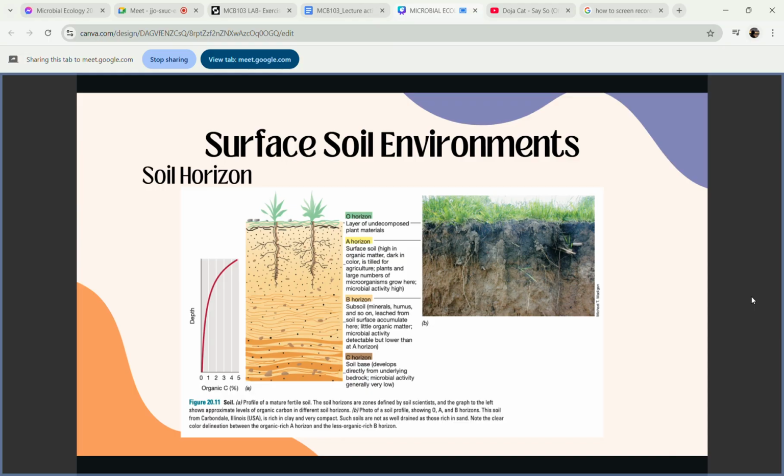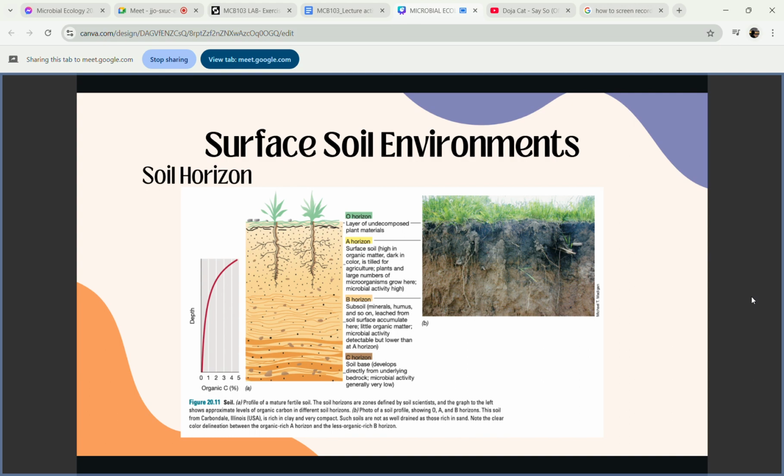And after the O horizon, we have the A horizon or the topsoil, which extends about 50 centimeters, and it's rich in organic content and supports abundant plant roots and microbial life. And the B horizon, we have the subsoil.